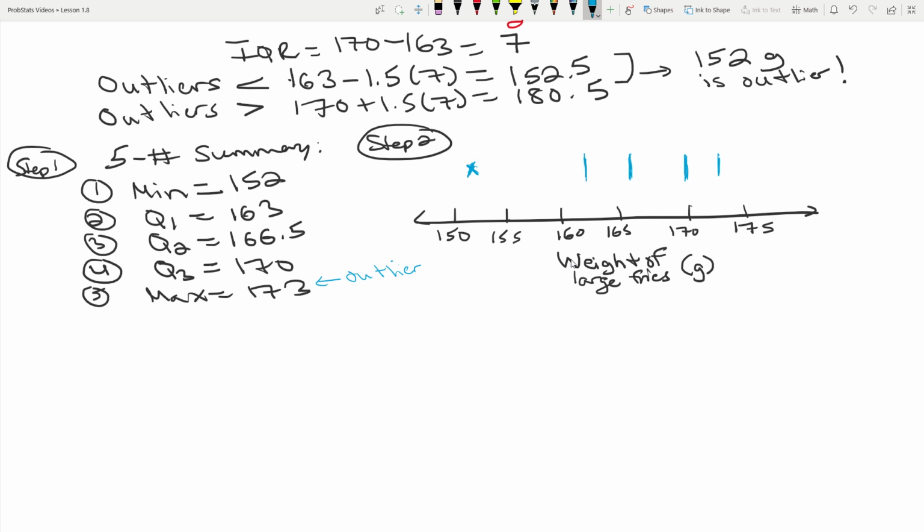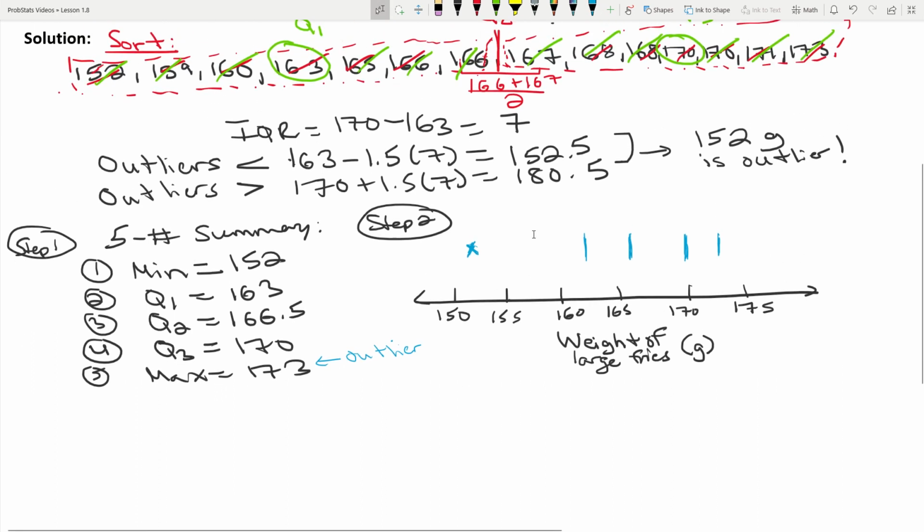So therefore we're going to look to our second highest maximum here, which is 171. So we're going to mark 171 as our new maximum. All right? So 171, or I'm sorry, not 171. We're not looking for a new maximum. I apologize for that. This is our outlier, not 173.